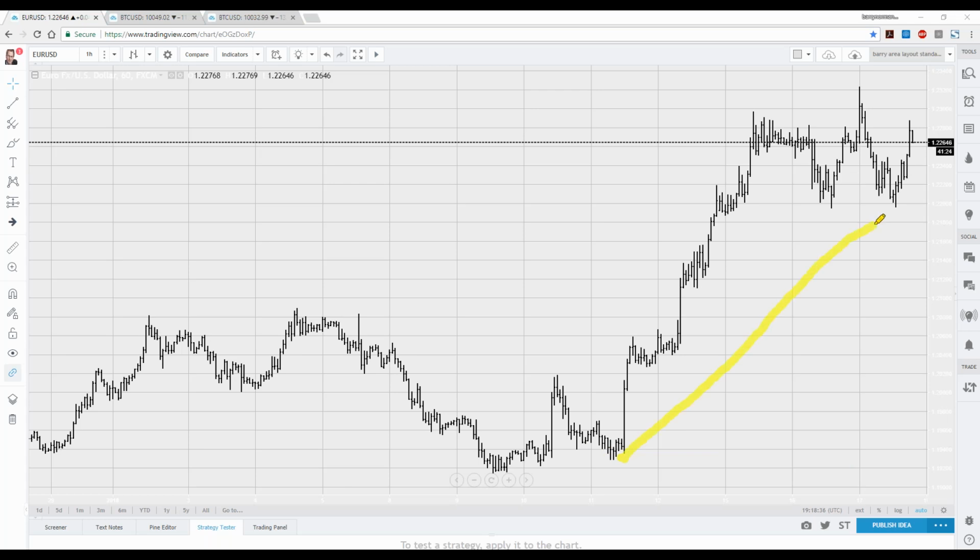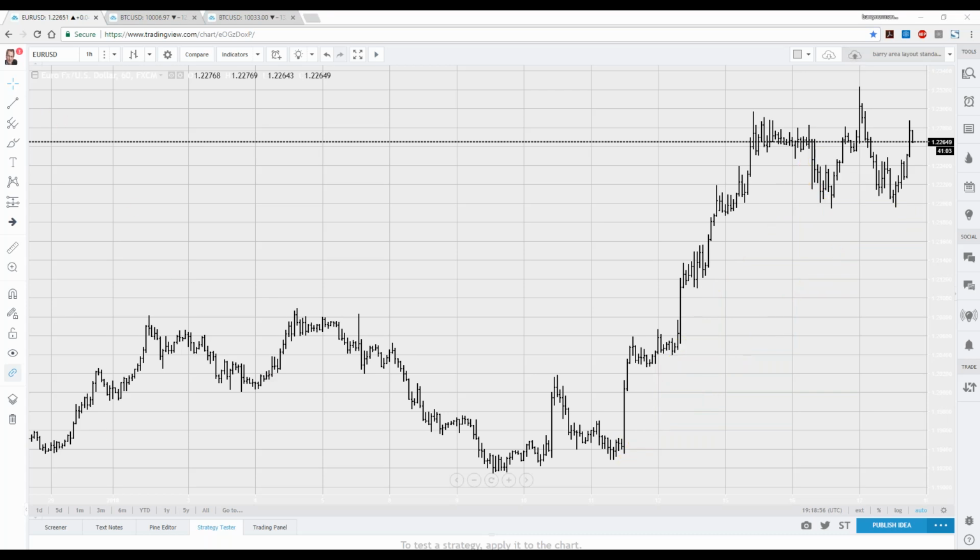Now, the fact is that the line cannot be broken at any time. So if we would have previously drawn a trend line like this, once it got broken here, it's over. So to draw a current trend line, we have to make sure no points break that trend line.